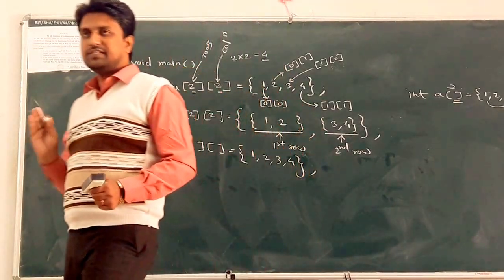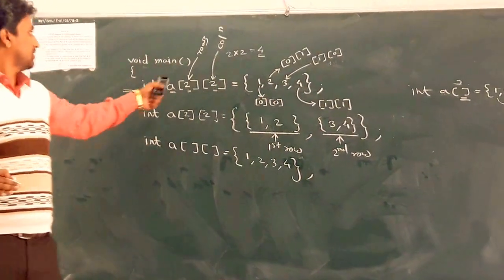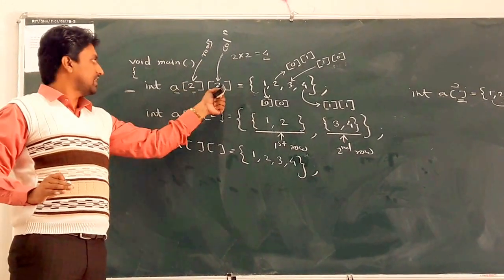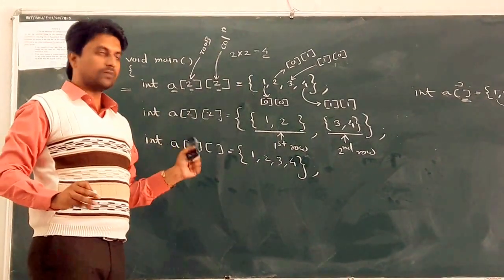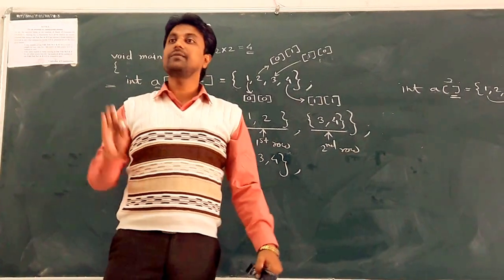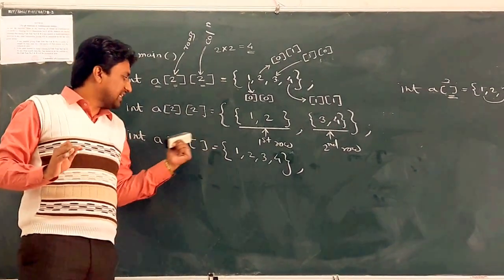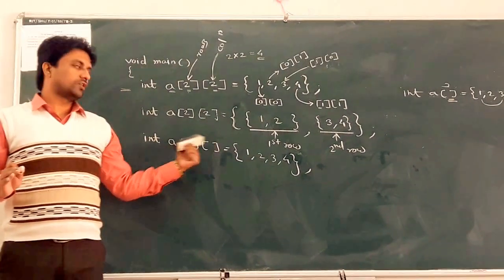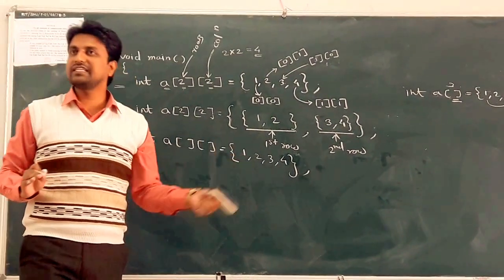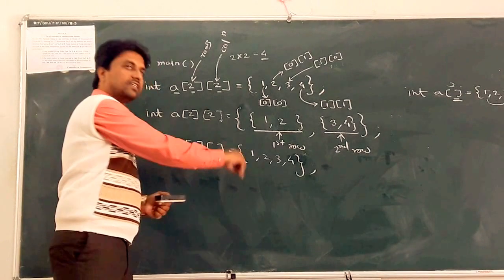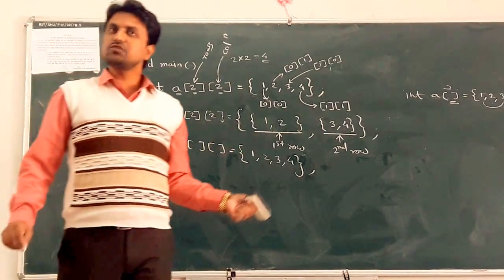It is fixed: the first subscript gives the number of rows and the second subscript gives the number of columns for representation of your matrix. Clear? If you do not specify the size of both rows as well as columns, that is first subscript as well as second, is it valid in a two-dimensional array?